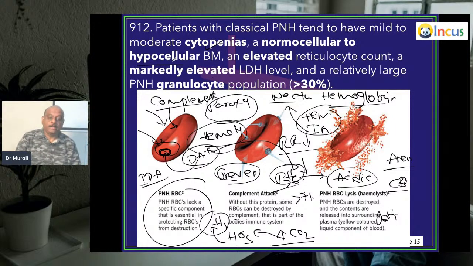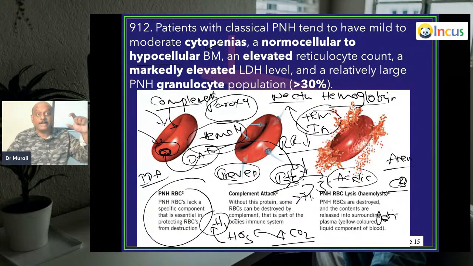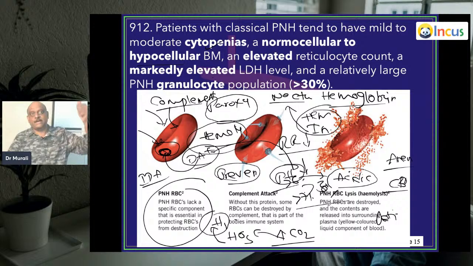And classically in paroxysmal nocturnal hemoglobinuria, if you take a complete blood picture, the granulocytes are there, no? You find a large PNH granulocyte population, more than 30% of the WBC count. Platelet count will be low, but granulocytes especially becoming more than 30% is a very classical thing.